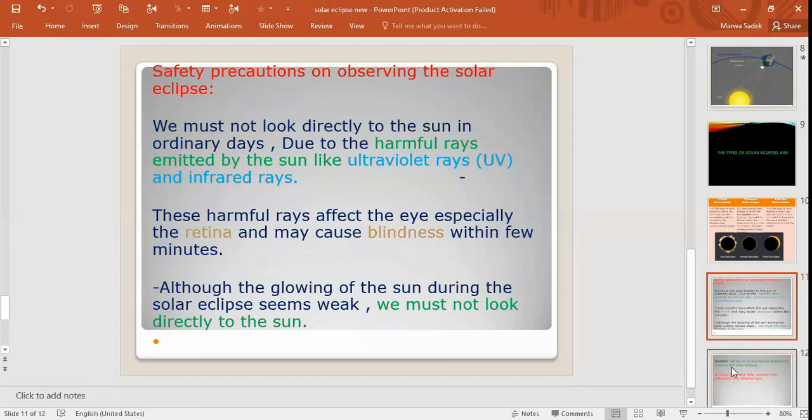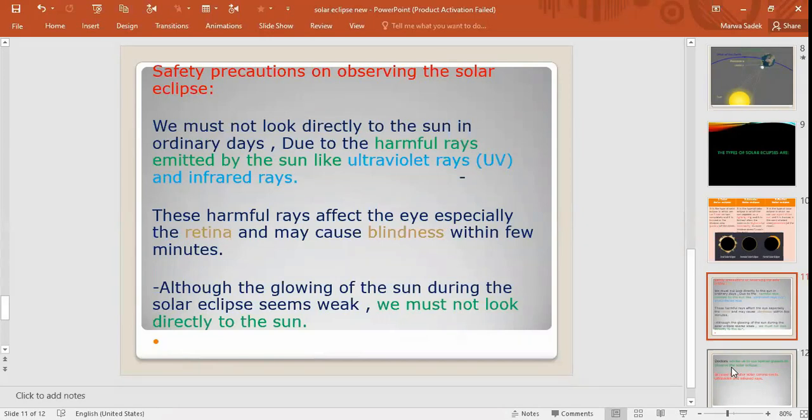Because the sun emits harmful radiation like infrared rays and ultraviolet rays. These rays are very dangerous for our eyes, especially the retina of the eye, because they can cause blindness within a few minutes.